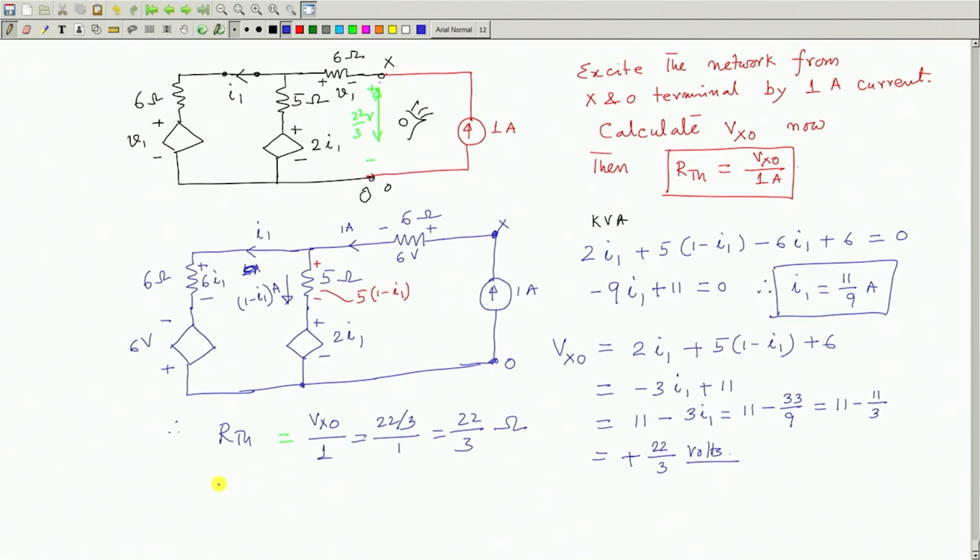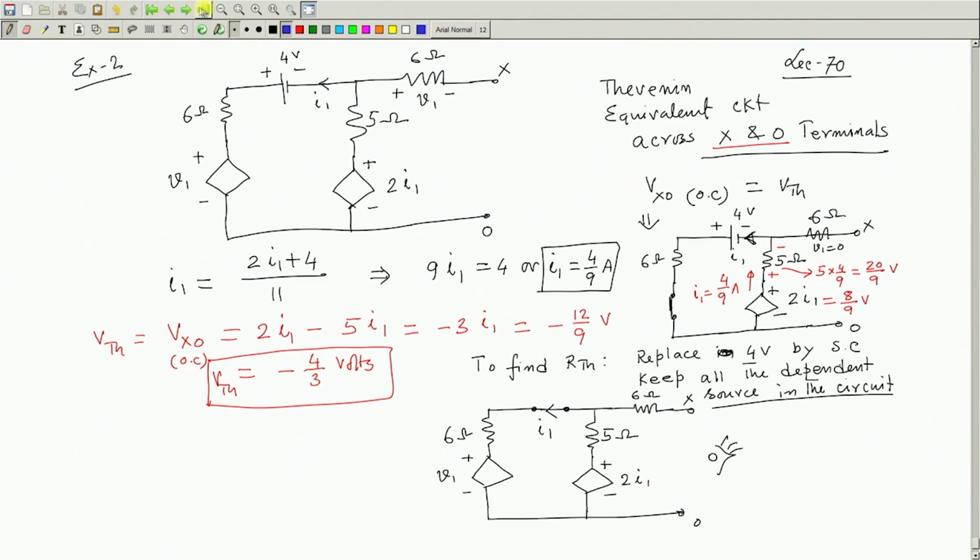So, V Thevenin's is already calculated. To be V XO open circuit equal to how much?